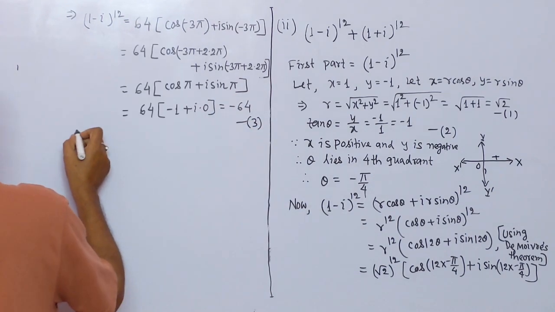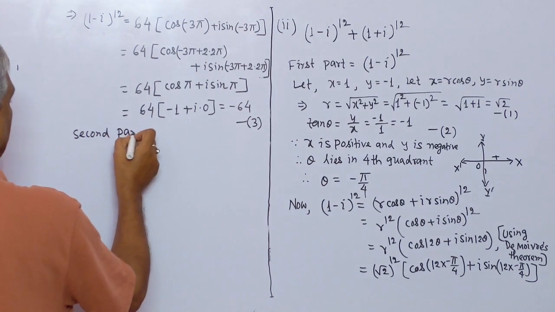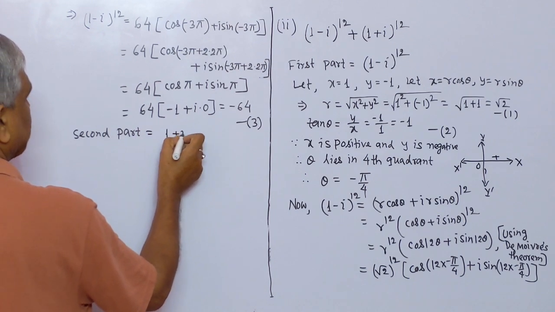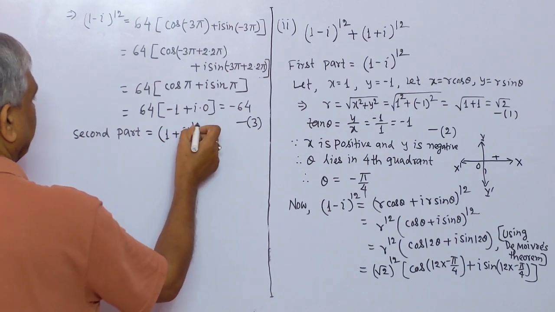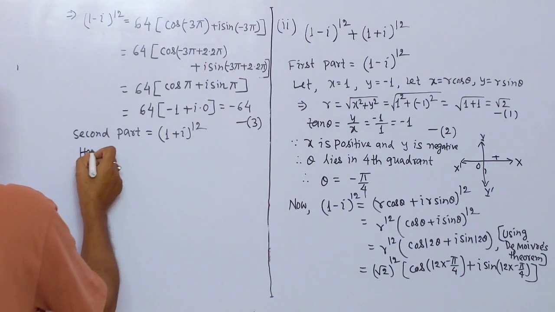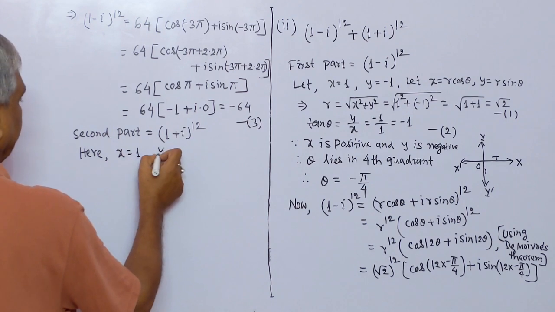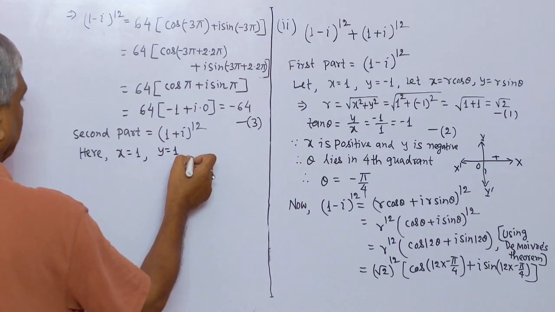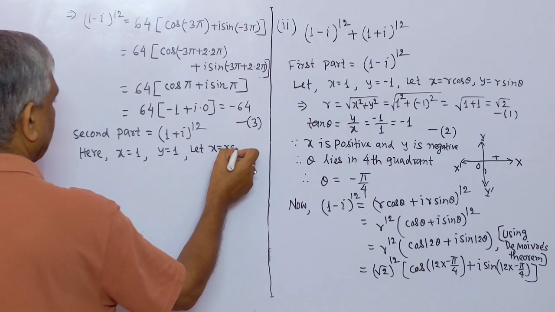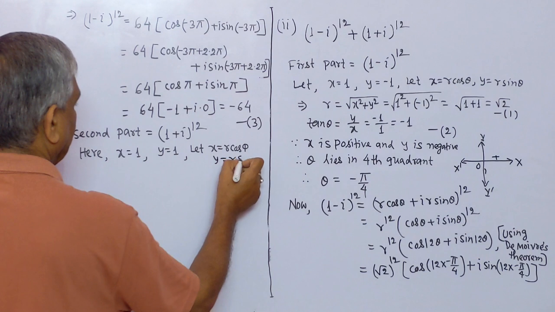Now second part. Equal to (1 plus i) to the power 12. Here x equal to 1, y equal to 1. Let x equal to r cos phi, y equal to r sin phi.